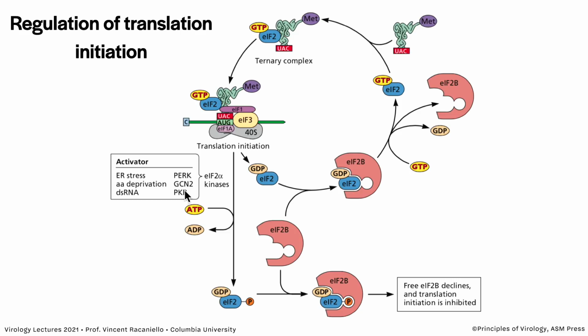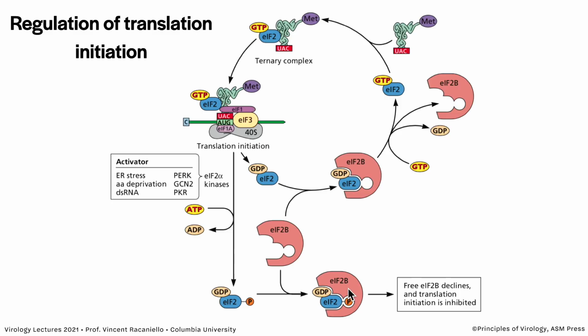So what happens when these kinases are activated? Well, they phosphorylate eIF2. Here you can see the GDP-eIF2 is being phosphorylated now. It will still bind eIF2B, but it doesn't leave. This thing is locked in there because of the phosphate, and you can't recycle it. And so basically you inhibit translation.